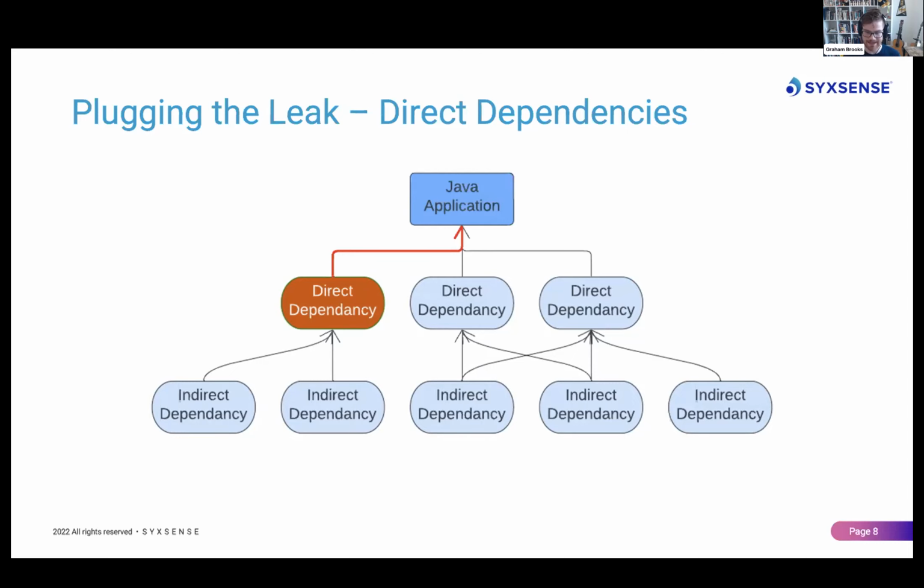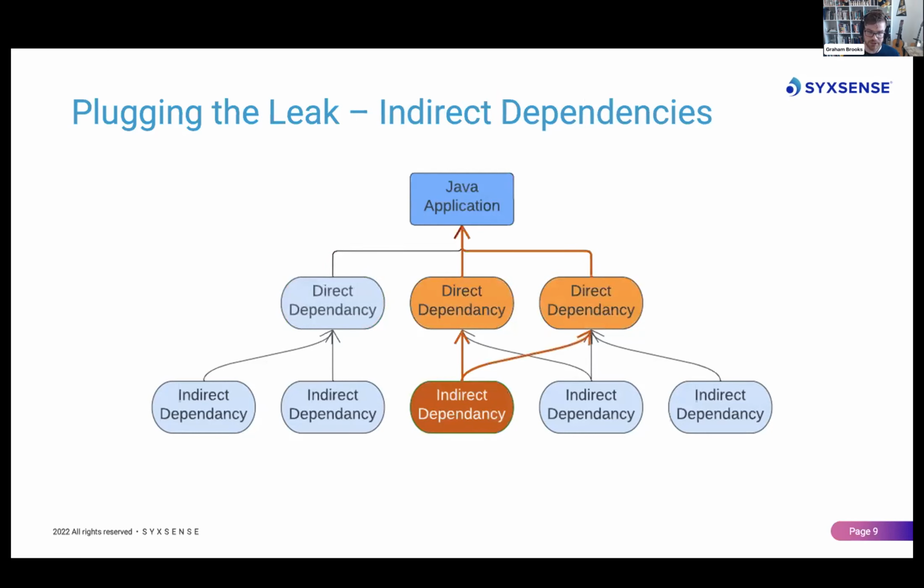The problem is if your Log4j component of your application is a direct dependency, meaning that the application you're running is the only thing that requires Log4j, all you have to do is patch that particular application and you're good to go. Unfortunately, a lot of organizations found that they had chained dependencies.